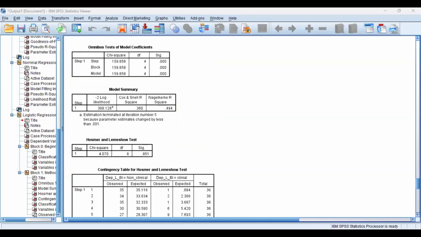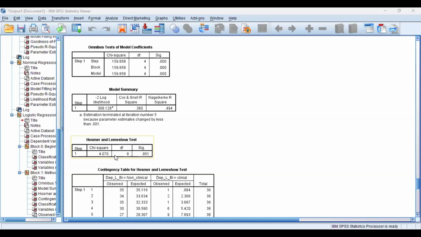Unlike the previous one, this chi-square in this table should not be significant. If it's not significant, it can show that your model is fit. That means that the arrangement of your variables in your model is statistically sound, statistically robust or fit. Although this is also based on chi-square, the interpretation is the opposite of the previous one.